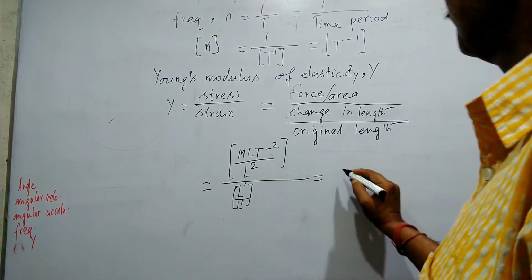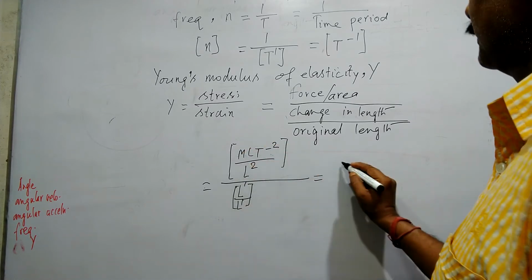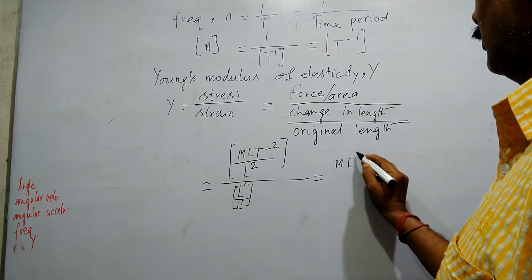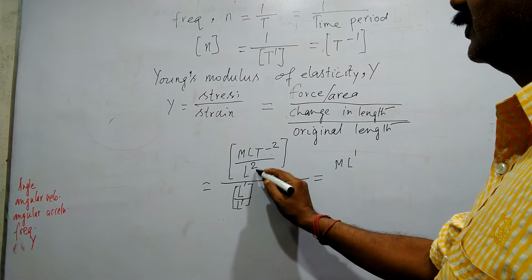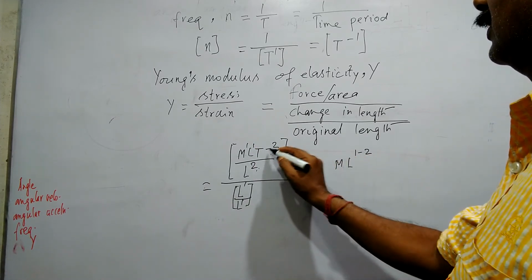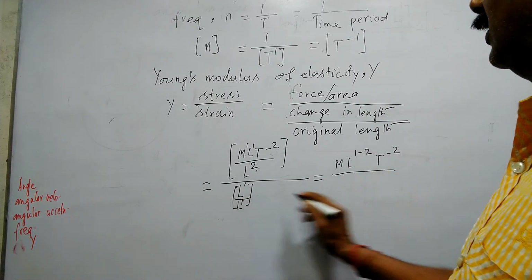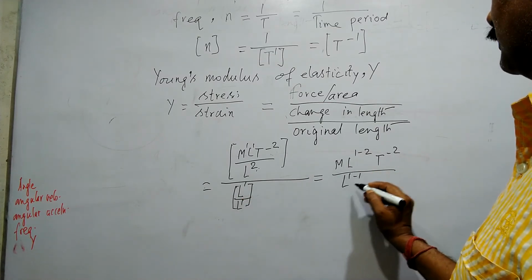Then this is M L to the power 1, minus 2, T to the power minus 2, and L to the power 1 minus 1.